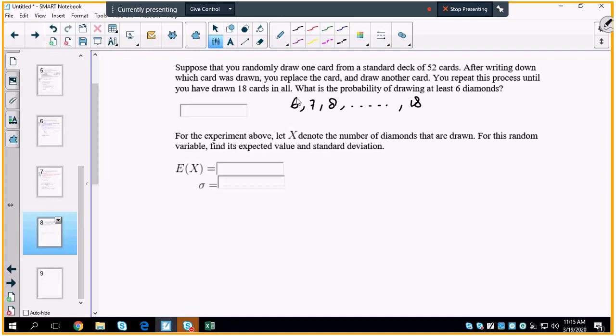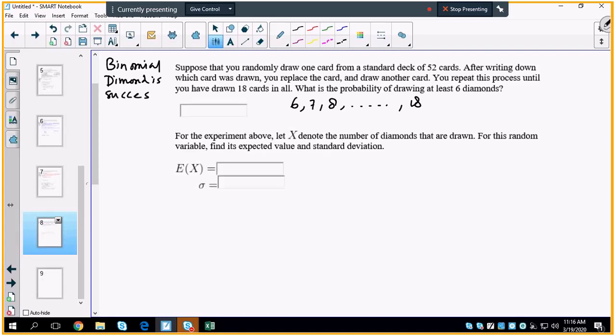This is where we will first understand that it might be a binomial probability distribution. So let's see whether we can understand that or not. It is binomial. Why? You are choosing a card and you will do 18 of these. You will repeat this experiment 18 times. If it is a diamond, you're going to say it's a success, otherwise it's a failure.